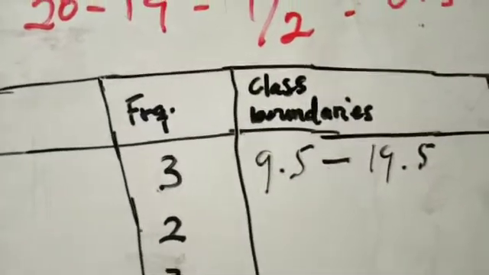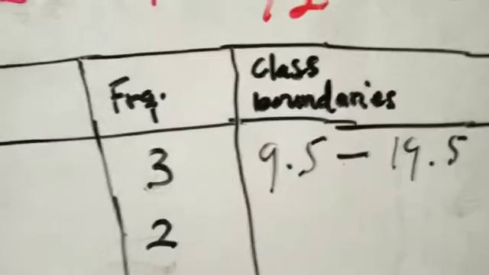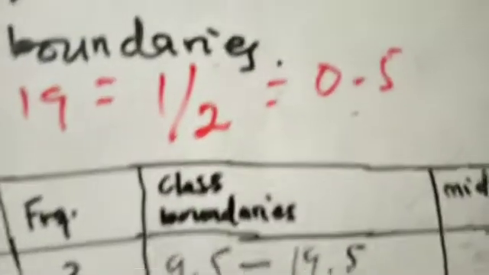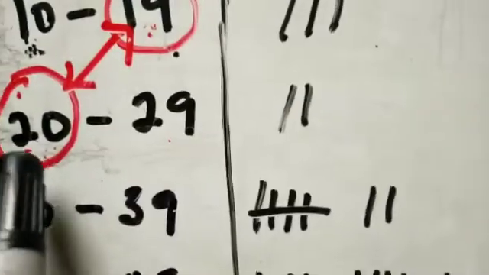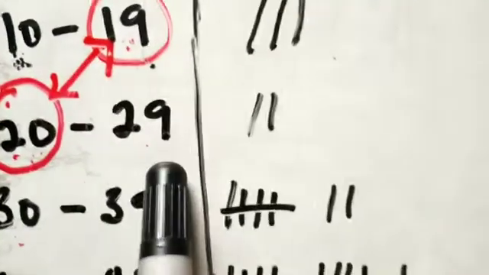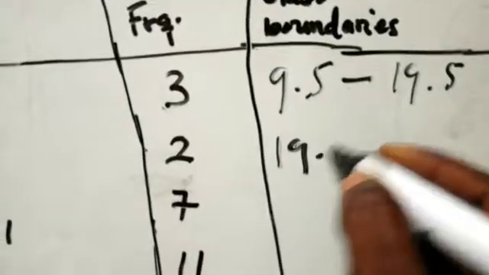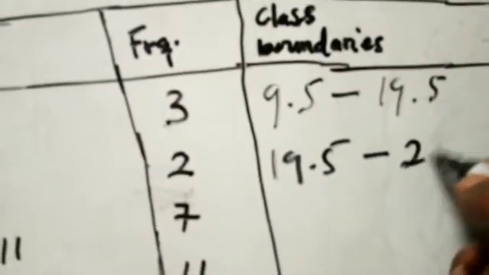This is how you find the class boundary. You do the same thing: this answer remains constant. You take that 0.5 from 20 and give that 0.5 to 29. So the next line will be 19.5 to 29.5.